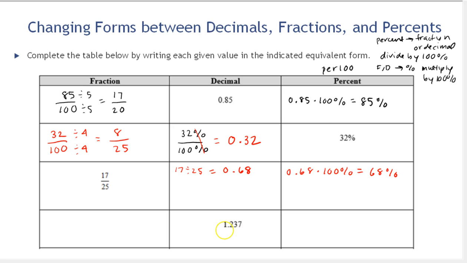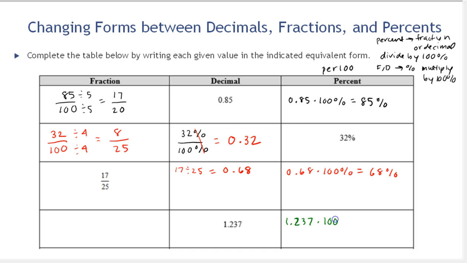Here we're given a decimal, 1.237. Let's start with the percent on this one. Now notice it's tempting to just start moving the decimal maybe to the left or to the right, but you want to make sure you're moving it in the right direction. Most of the time people think of percents as being between 0 and 100%, but we saw that isn't always the case.